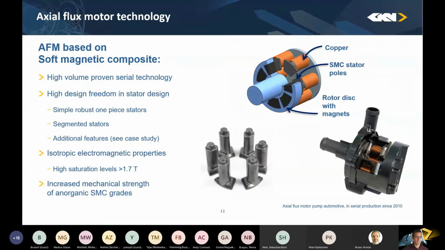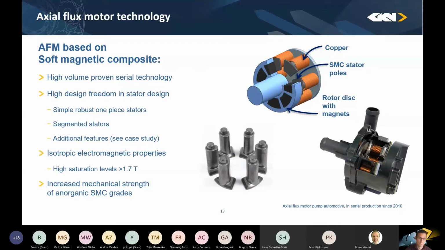So why do people use SMC? First of all, it's the 2.5 dimensional shape of the stator poles, or the stator elements, which you need. But on the other hand, SMC is a very well-proven material for serial technologies. So for example, at GKN, one of the products which we are producing, we have made more than 5 million parts. It's an example shown on the bottom right side, automotive water pumps.